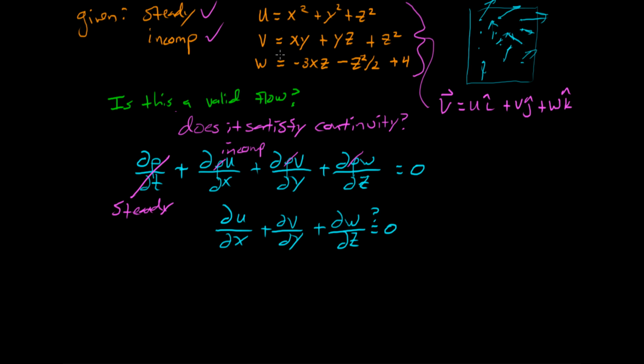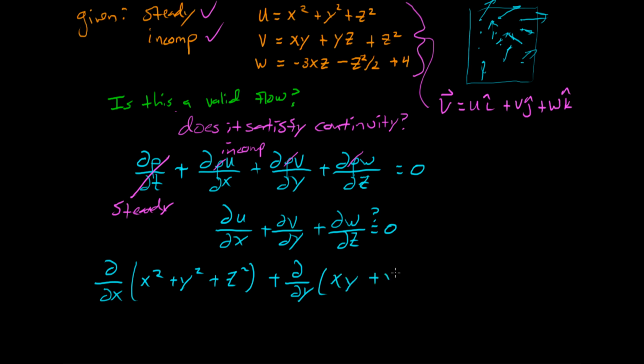And so we're going to put a little question mark there and say, does it? Well, we're given our velocity field, and so all we have to do is sub it in and follow through with the math. So I'm just going to take these down here. We have d/dx of u, which for this flow field is x squared plus y squared plus z squared. We have to add to that d/dy of v, which was given to us here as xy plus yz plus z squared.